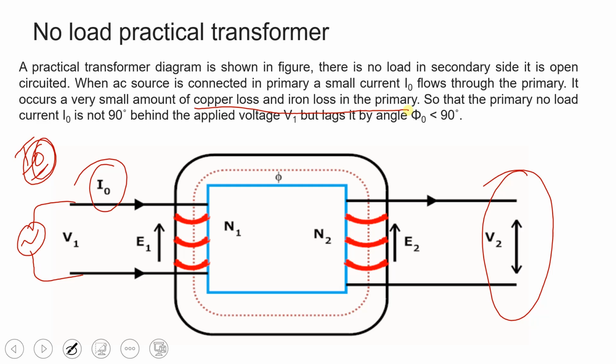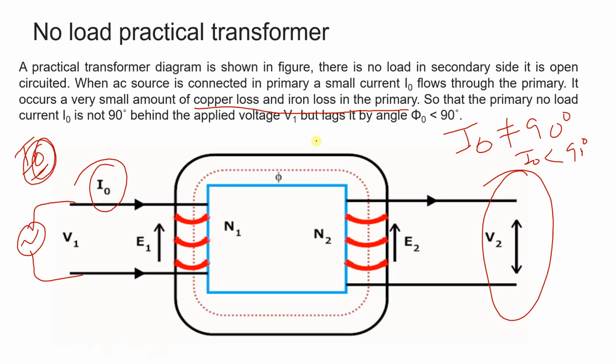So the primary no load current I naught is not at 90 degrees behind the applied voltage, but lags by an angle phi naught less than 90 degrees.